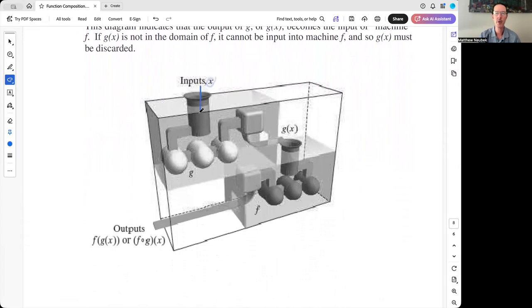X is coming in here as an input value. It's going through the G machine, and what comes out of the G machine is called g of x. And then that output is going in as an input through the F machine, and coming out of the F machine, ultimately, what are we calling that ultimate output? Either one of these.